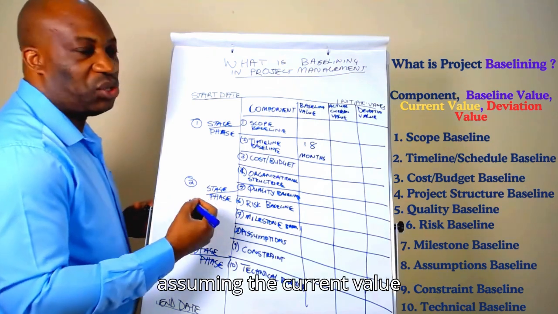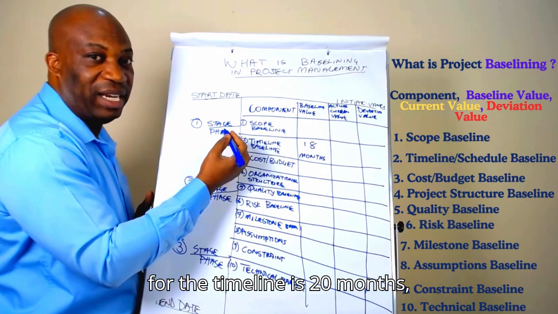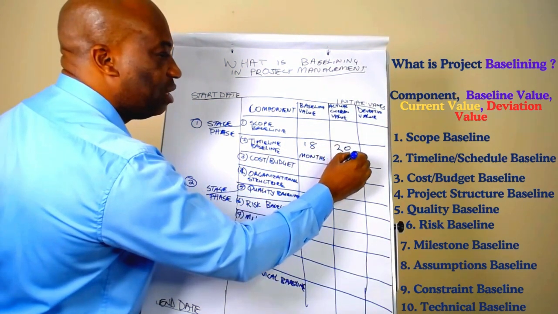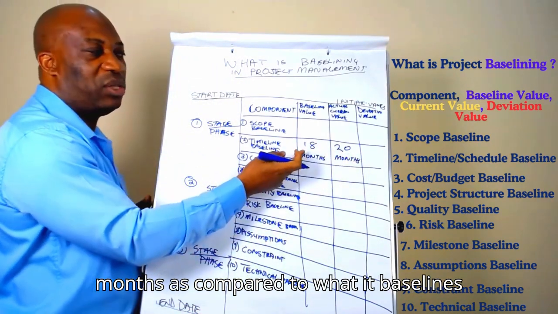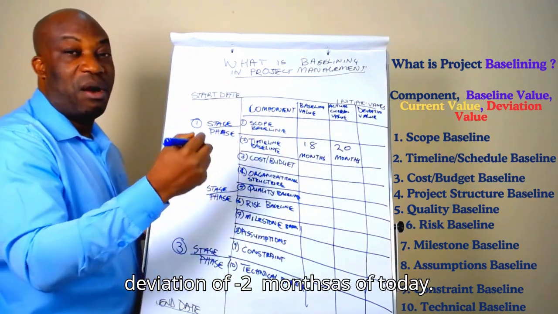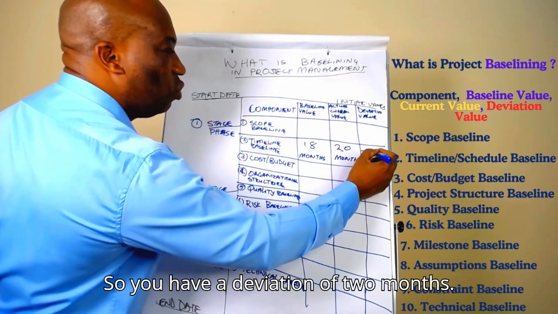Now, assuming the current value for the timeline is 20 months. So you now have 20 months here. What it means is you have spent more months as compared to what you had baselined or what you had referenced. So you have a deviation of minus 2 months as of today.